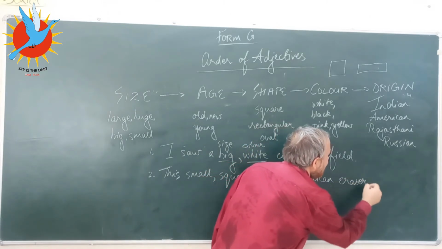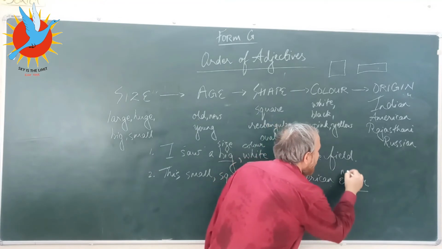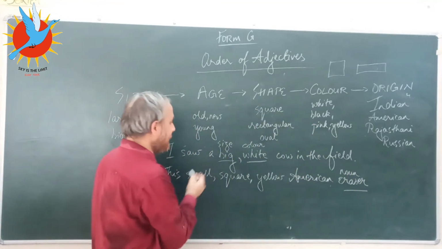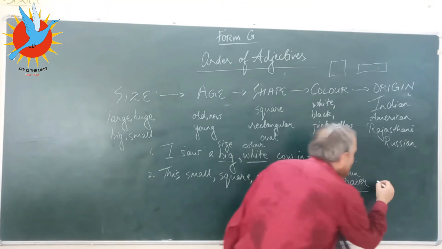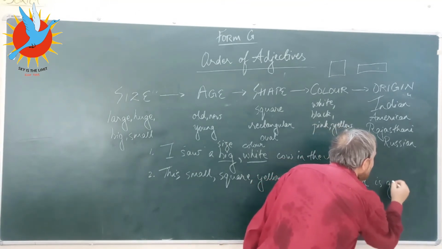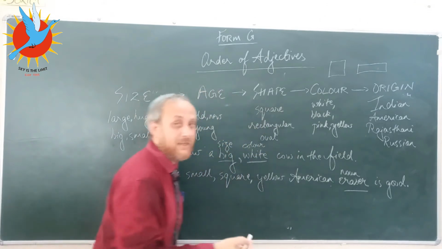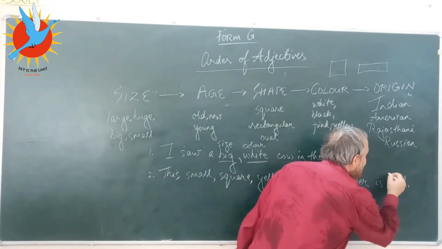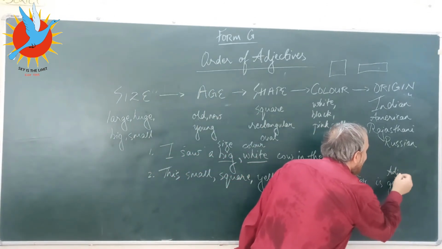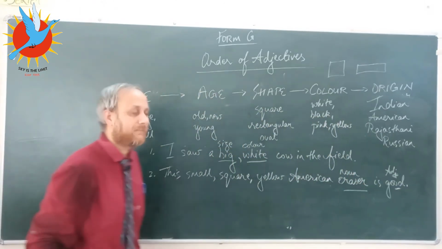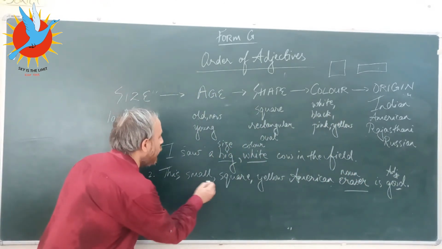eraser. Eraser is a noun. So this small square yellow American eraser is good, full stop. And what is good, kids? Good is again another adjective. Okay, fine. So what is small?